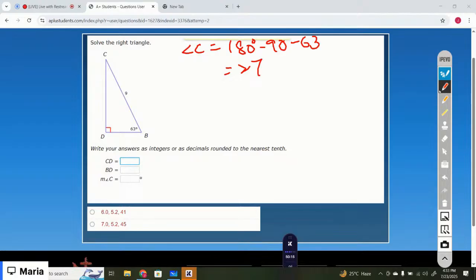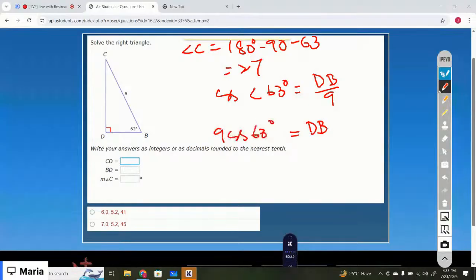Now we need to find the other side length, right? Cos of angle 63 degree equals dB divided by 9. dB equals 9 cos 63.